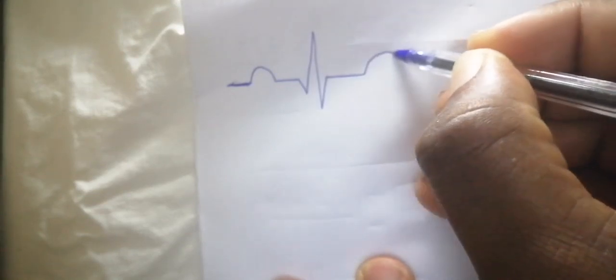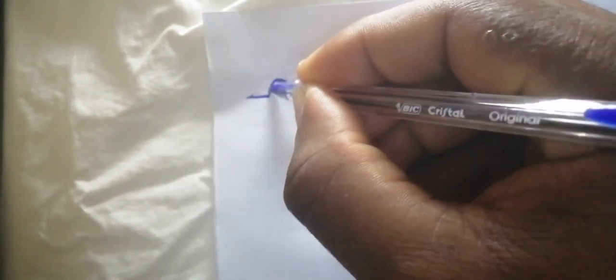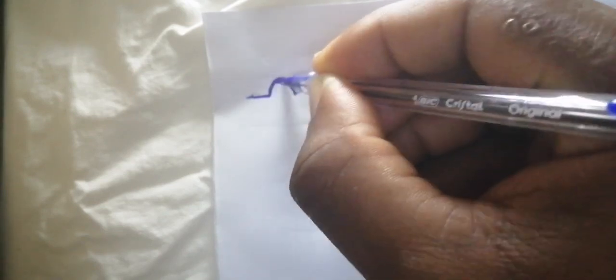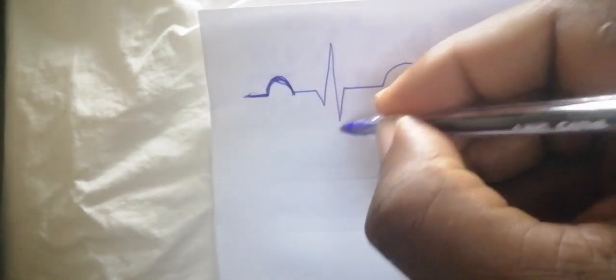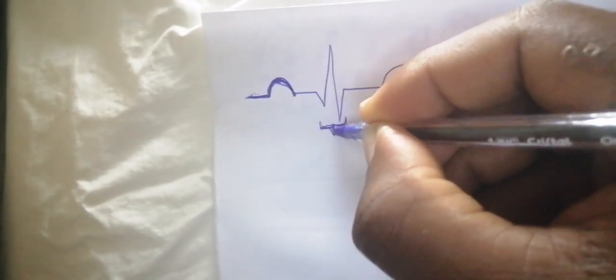Now the next point that you have to visualize is that you have the different elements on ECG interpretation. Here still the P wave, here the QRS complex, here the T wave, and that's all. You may have the U wave. So now the P wave represents the atrial depolarization. Is it clear? The QRS complex represents the ventricular depolarization.